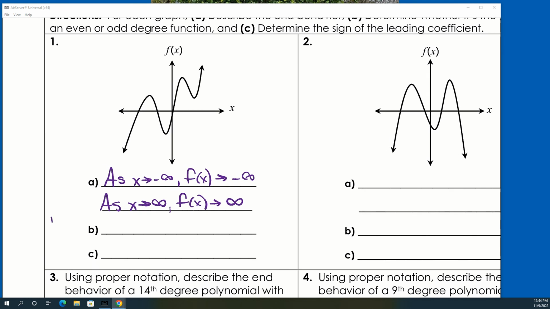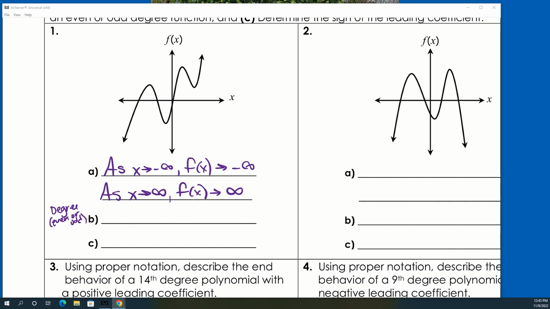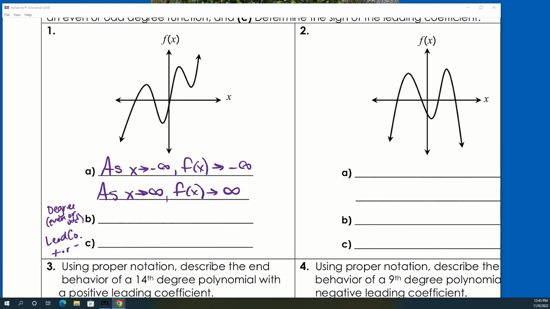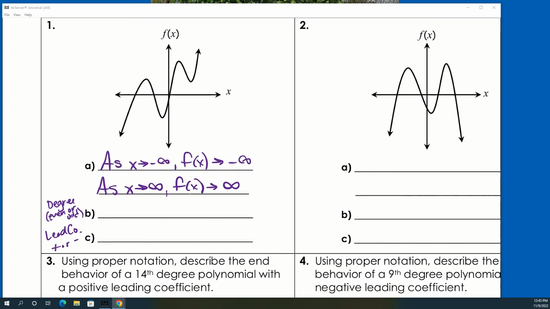All right, and then b is going to be the degree, even or odd. And then c is going to be the leading coefficient, positive or negative. And then on 3 and 4, it asks you to use proper notation, which is just what we wrote.